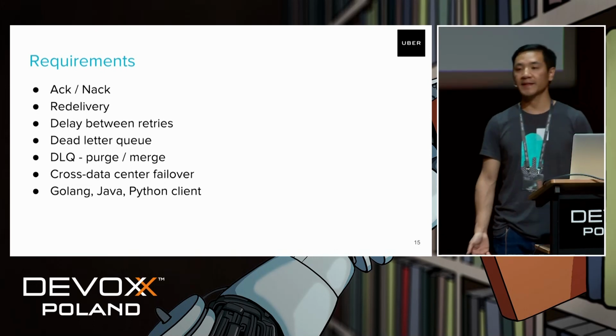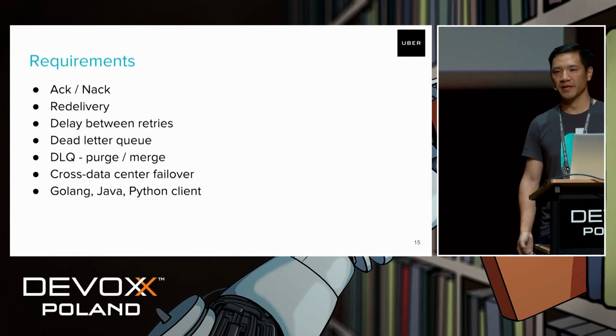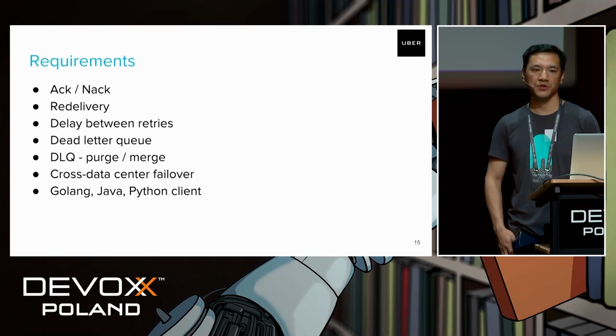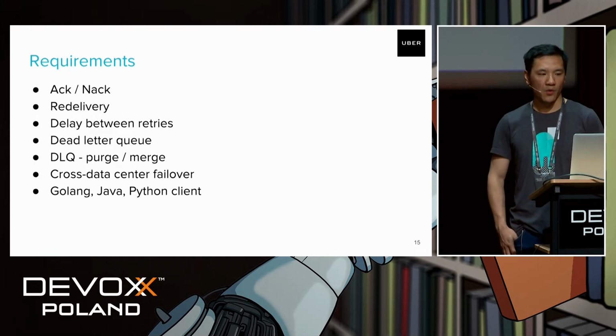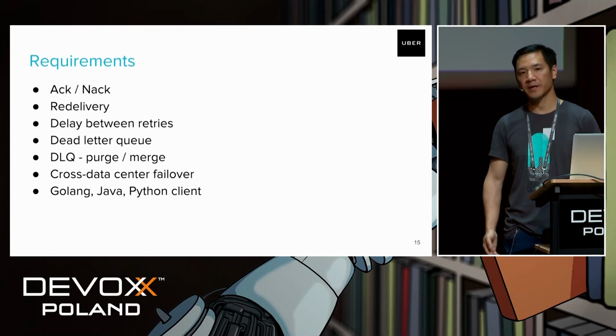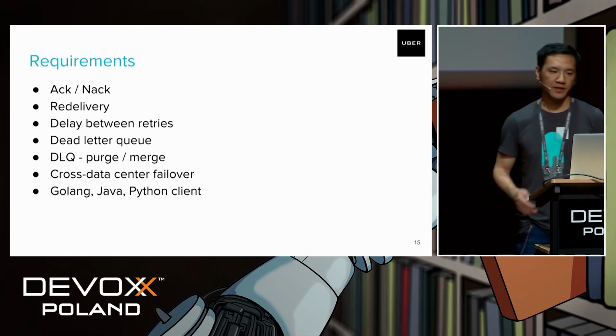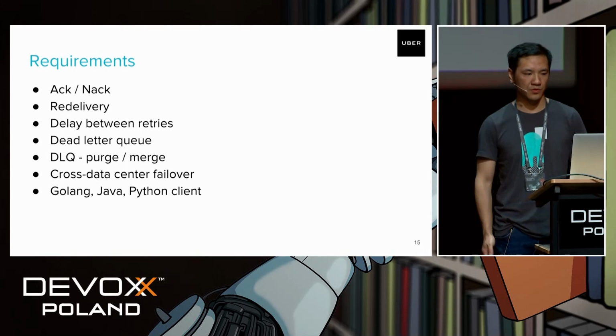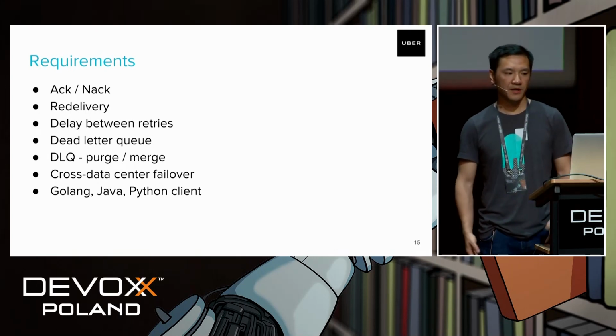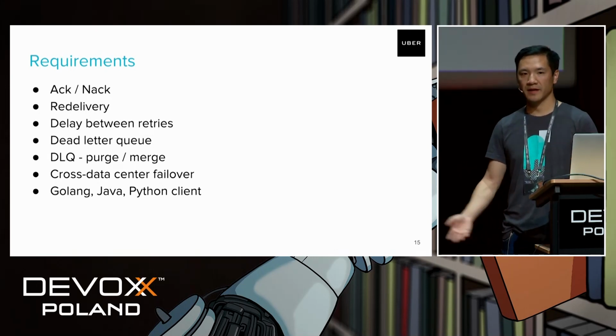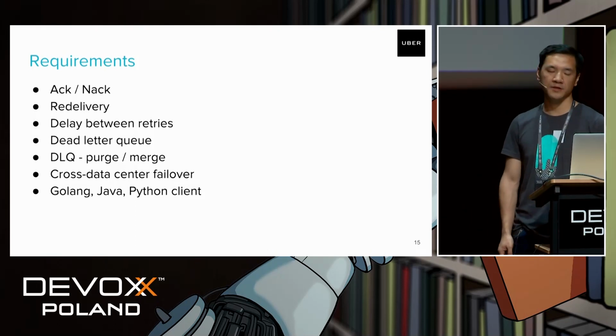We need to provide dead letter queue support. So in case there is a poison pill message in the topic, we need to put it somewhere. People can inspect the message in the dead letter queue, and then choose what to do about it. People can do purge, meaning I don't want this message in the dead letter queue.